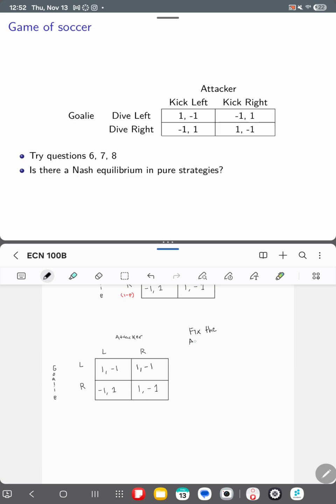We want to figure those out. Impose indifference, which would mean that those two payoffs have to be equal, and then solve for it. That's the goal. So let's think about it.